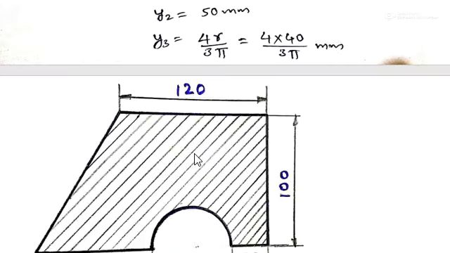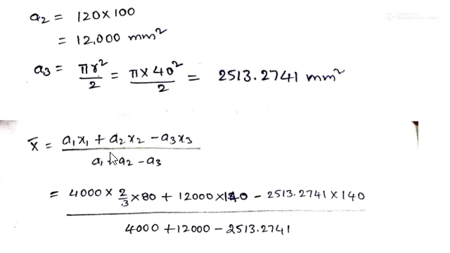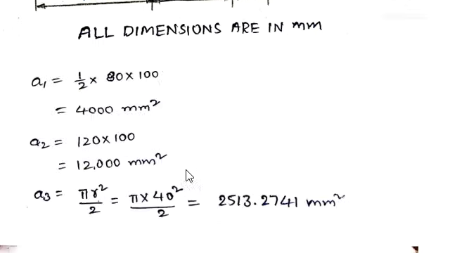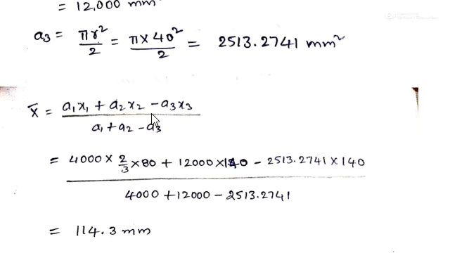So we can write the formula as A1 x1 plus A2 x2 minus A3 x3, because to get this shaded area the semicircle area must be removed. So it is minus A3 x3 by A1 plus A2 minus A3, where A3 is the semicircle's area.